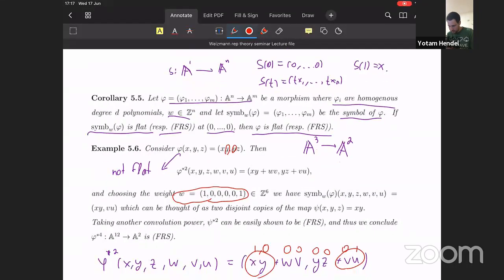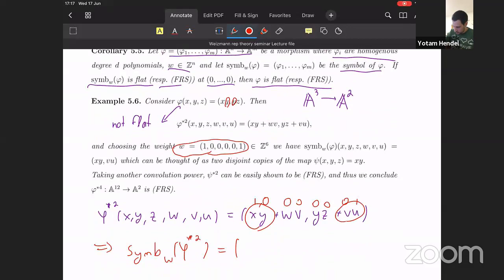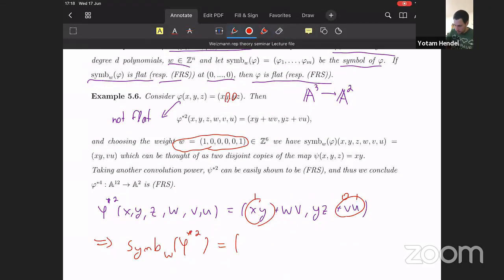Okay, so let me do something. Instead of 0 and 0, I probably need something different here. Let's give this guy 2 and this guy 2, and let's just change all zeros into 2s. And then the only thing I keep is this XY and this VU.